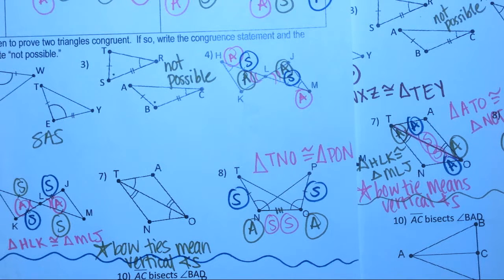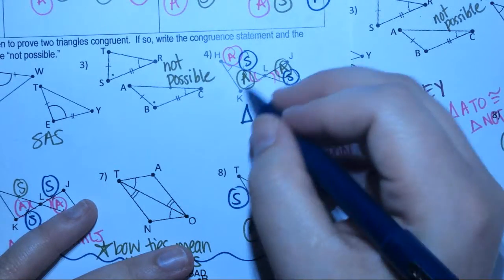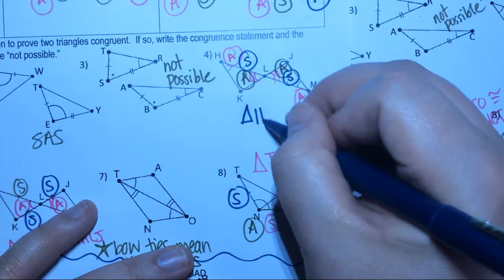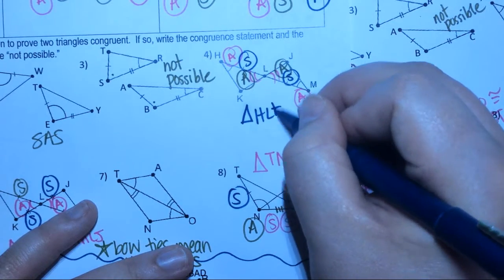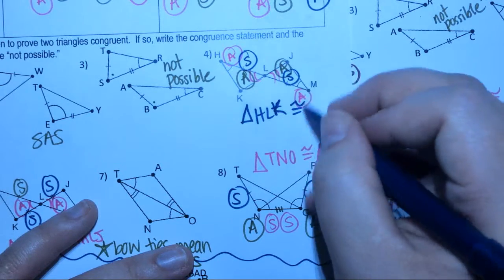Thank you. Okay, so if I had to write that, I would write pink, blue, green, so HLK is congruent to pink, blue, green, MJL.